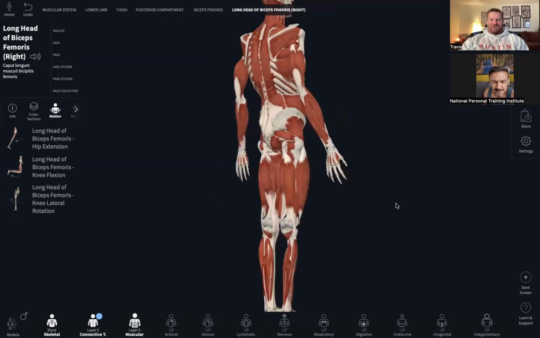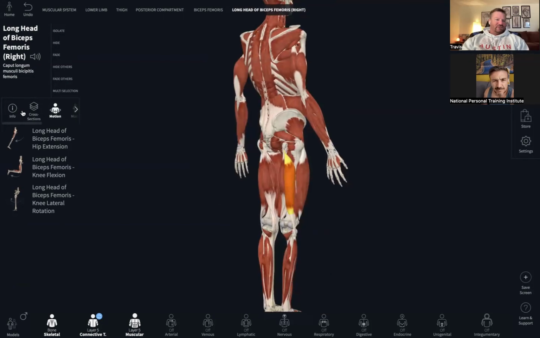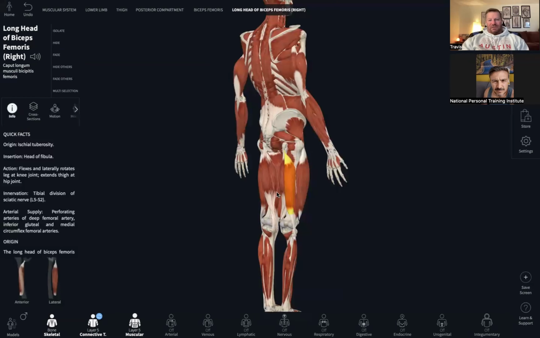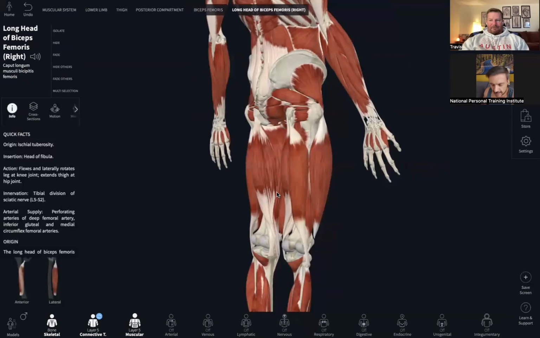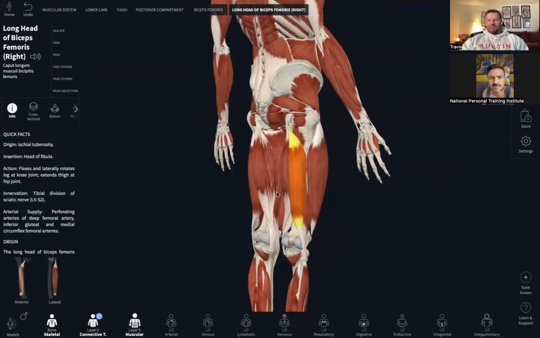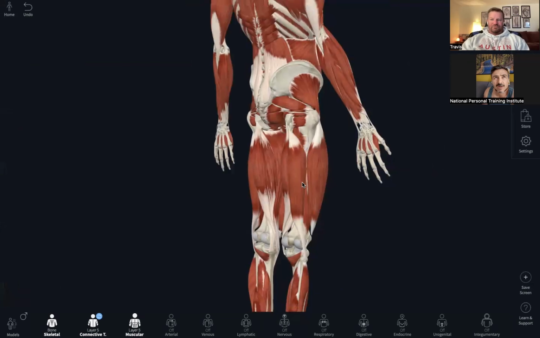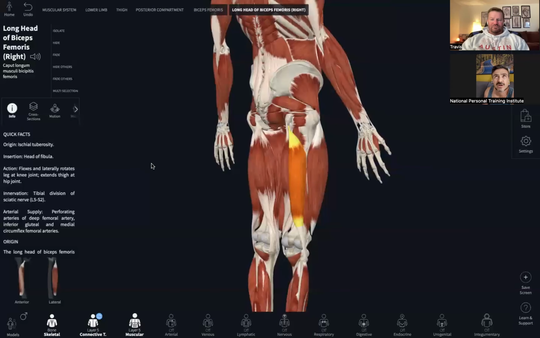What questions do you have as far as anatomy? Well, anatomy in terms of the bicep femoris, I read that it actually also helps with external rotation of the knee.